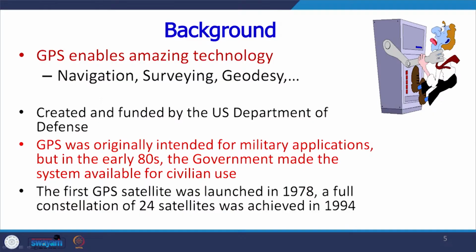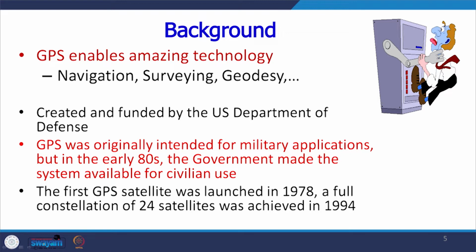So, if I give you a little background of this, GPS, the global positioning system, is a very useful technology for navigation purposes, for surveying, for geodesy purposes. The global positioning system was originally created and funded by the US Department of Defense, particularly for defense, army and military purposes.